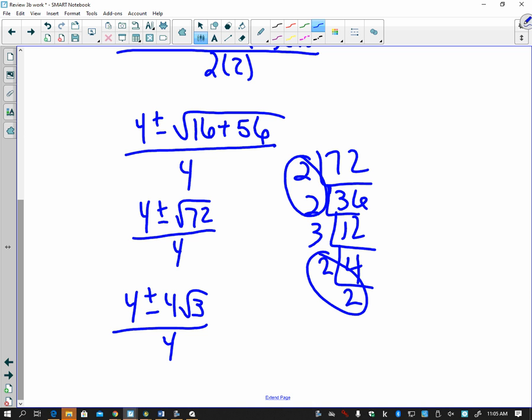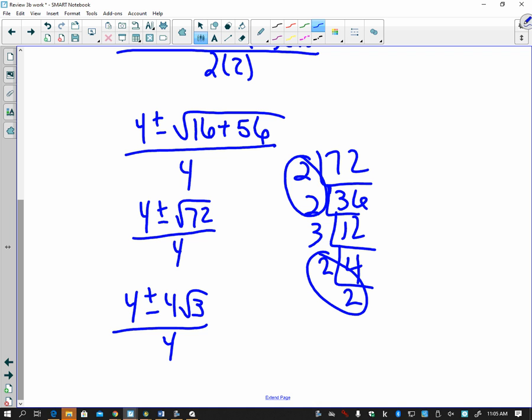Their answer is different, though. Hold on, 72 divided by 2 is 36. Give me a second to think. That's a 2. 2 is 4. 4 radical 3.